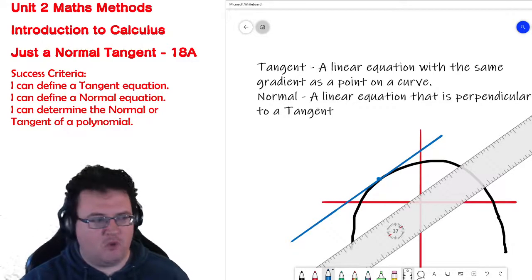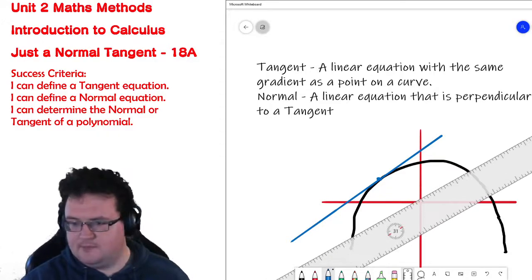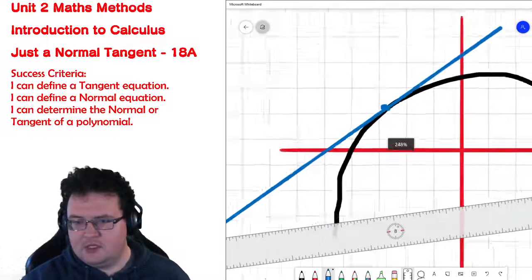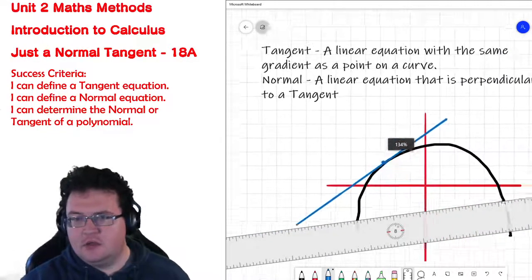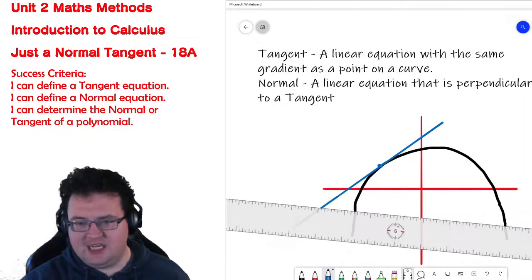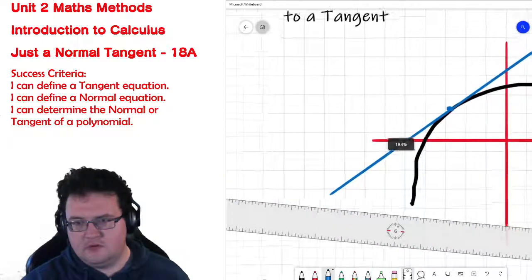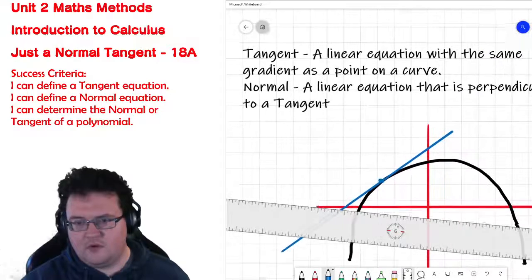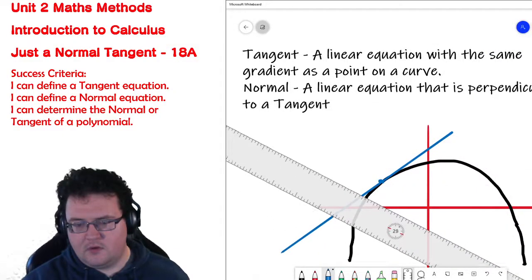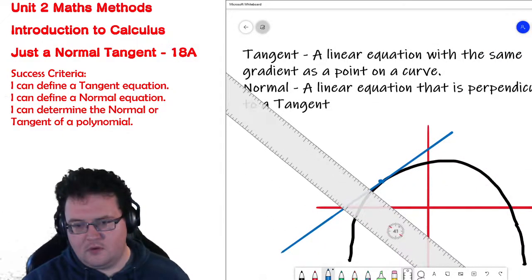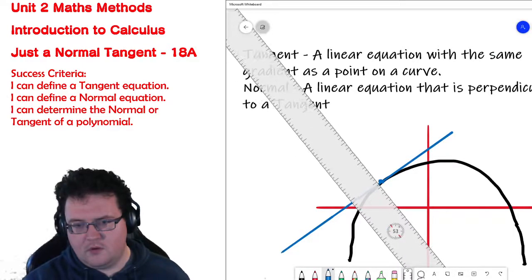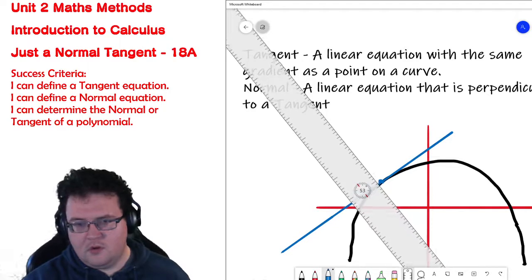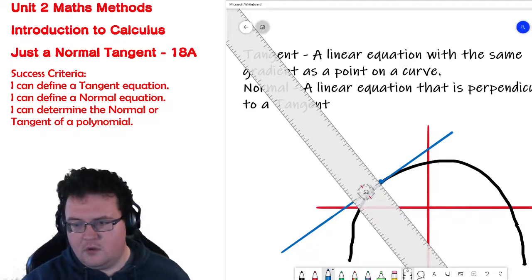Can you guys remember what the word perpendicular means? Someone in the chat, give me what perpendicular means. Yeah, 90 degrees. It's at 90 degrees to another line.